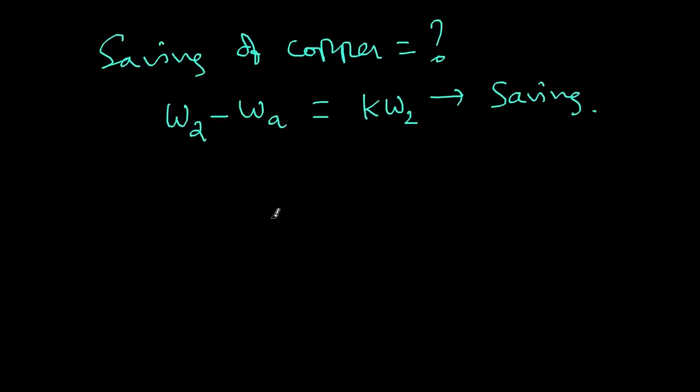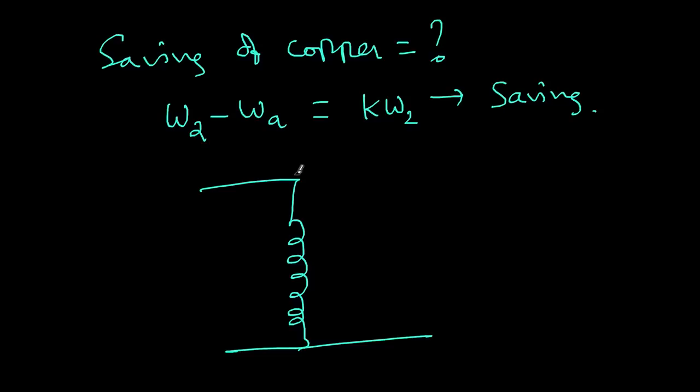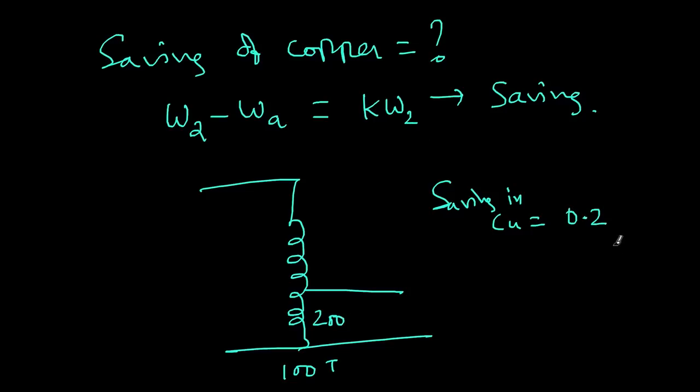So when I draw the auto transformer like this, if I take a tapping very low, say this is 200 turns and the total is 1000 turns, then this is still an auto transformer, still tapped down, everything is fine. But the saving in copper will be only of the order of 0.2 of W2, so only 20% saving.